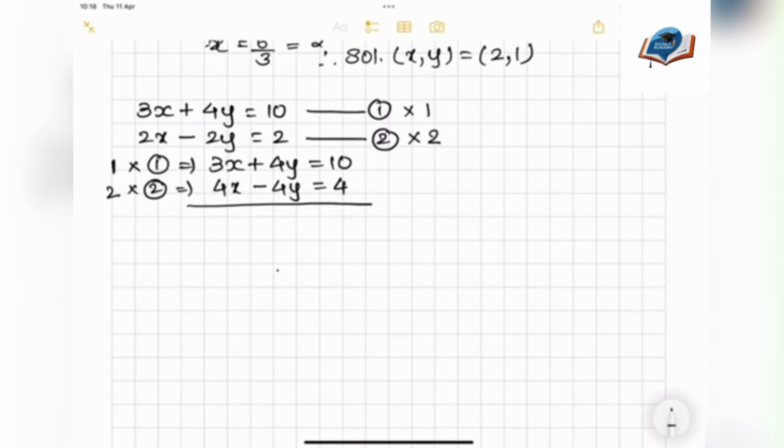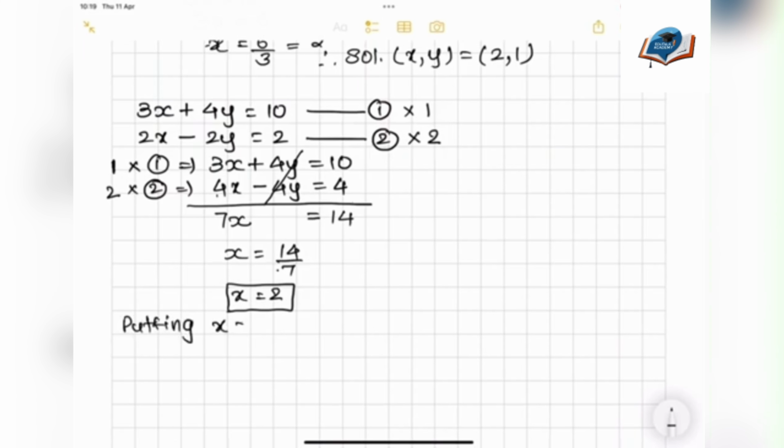I can directly add, plus 4y and minus 4y will get cancelled there. I am not changing the signs as I don't need them because already they both are in the opposite sign. So minus 4y and plus 4y got cancelled. So 3 plus 4 is 7x equal to 14. So I will have x equal to 14 by 7, so x equal to 2.